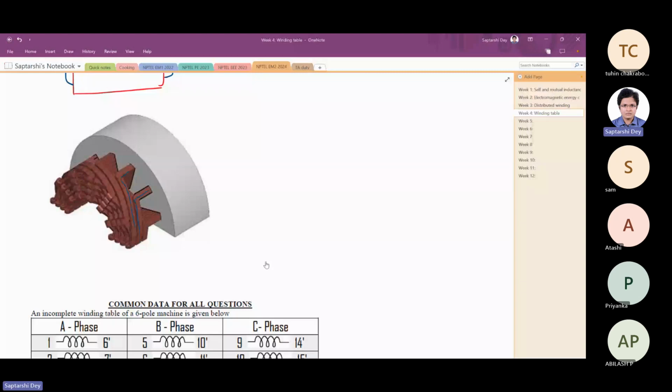Look beautiful. I have seen beautiful end windings in our laboratory at Shibpur. And at that time I was in second year, one professor just looked at the end winding and told us that it's a 6-pole machine. I was surprised. Professor Sengupta did so.